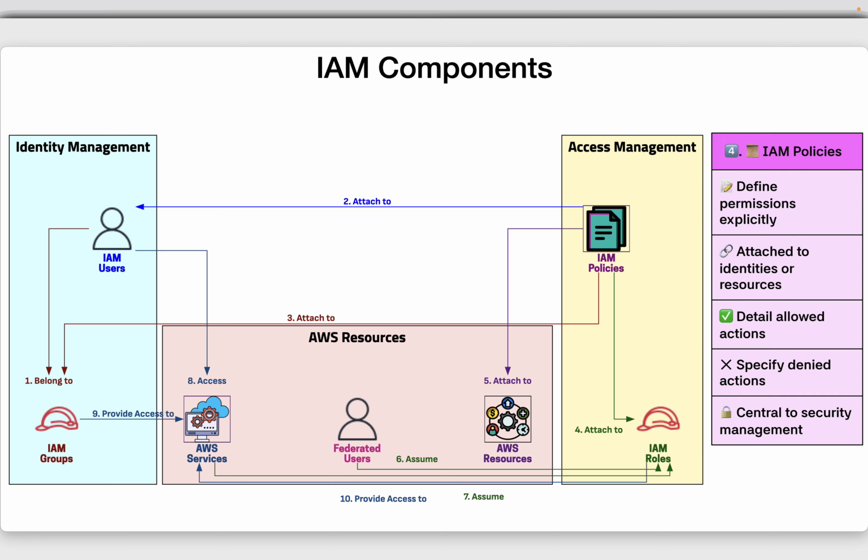Documents that explicitly define permissions attached to IAM identities, and these IAM identities are users, groups, and roles, or AWS resources. Policies detail what actions are permitted or denied, governing the access level to AWS services and resources. They are central to managing security and access control in AWS, ensuring that entities can only perform actions that are explicitly allowed. So first, I'll cover IAM users in detail.